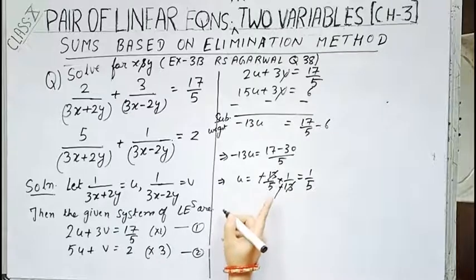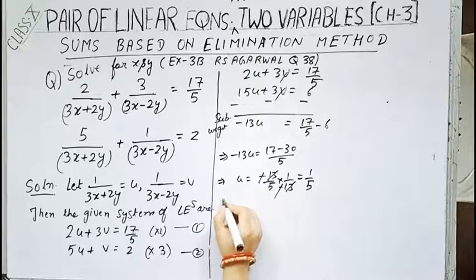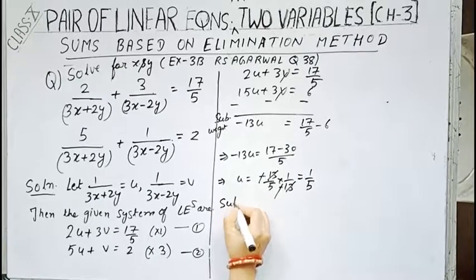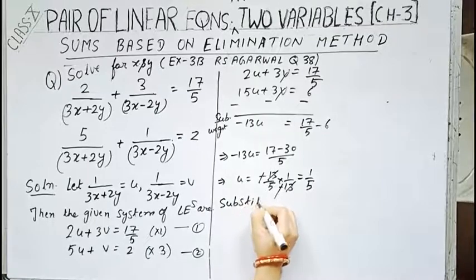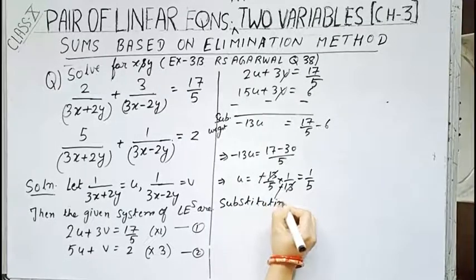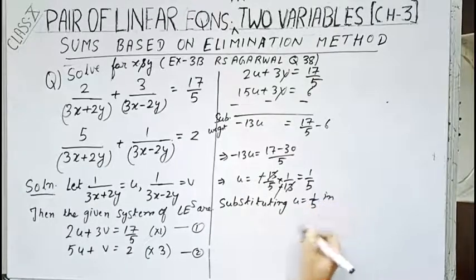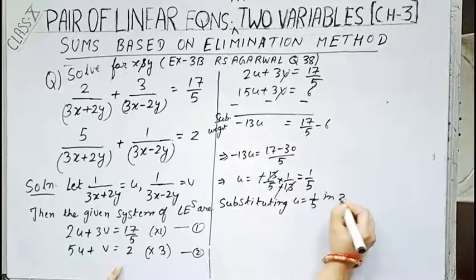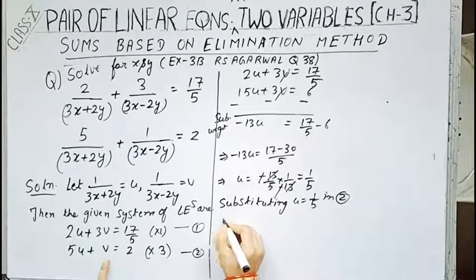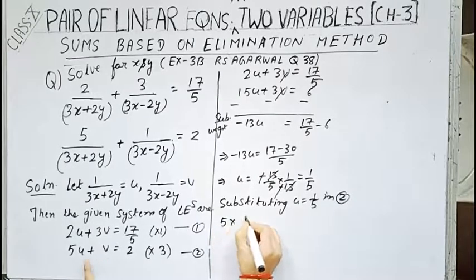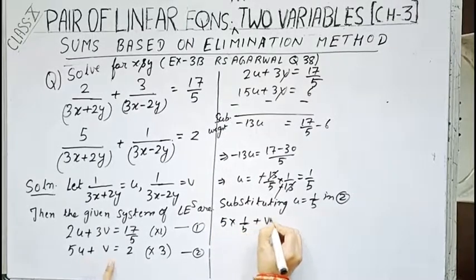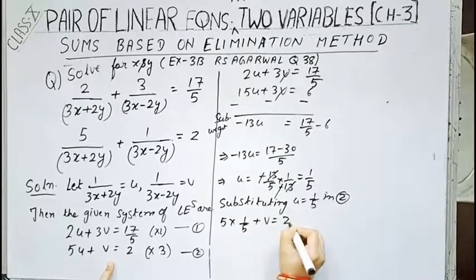Now substituting u equals 1 by 5 in equation 2, we get 5 into 1 by 5 plus v equals 2.